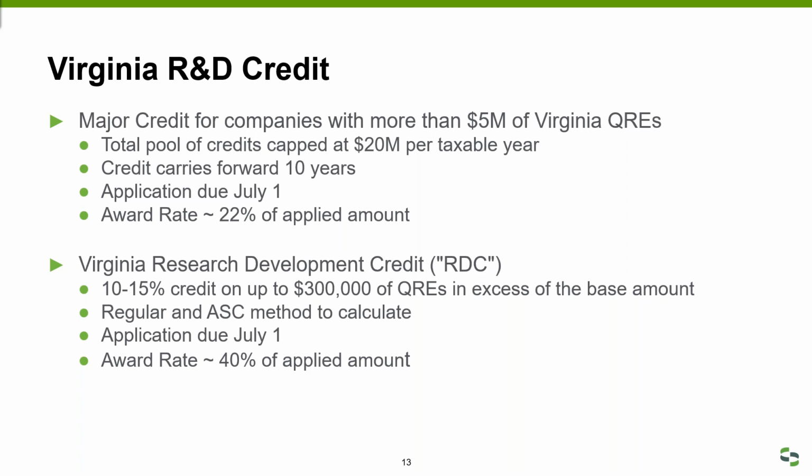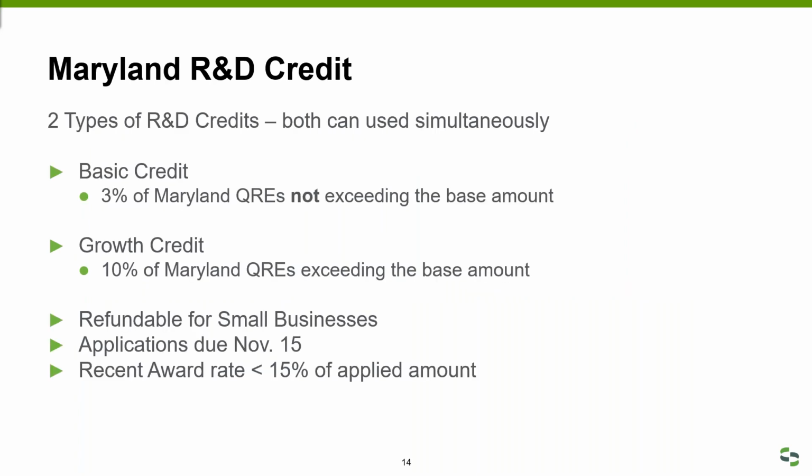So anybody below 5 million is going to be eligible. Not dissimilar to the U.S., they have two methodologies. And normally the award rate is about 40% of the applied, because the current pool in Virginia is about 7 million. So now let's move on to Maryland, a second refundable credit state.